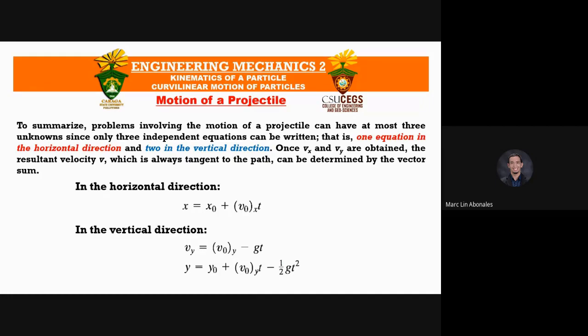So just a summary, these are the equations we use to describe the horizontal direction and also the vertical direction. If you notice here, in the vertical direction, it is not positive, because the sign of your gravity, which is a downward acceleration, is substituted directly.